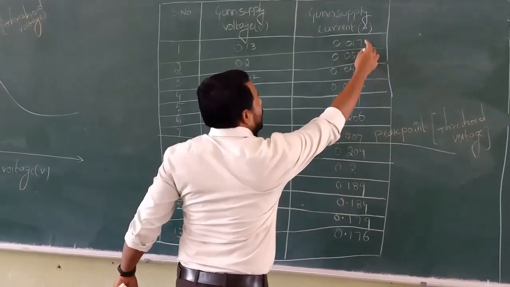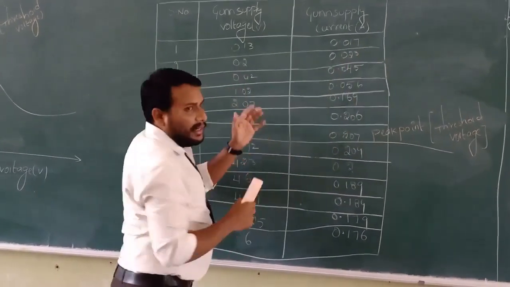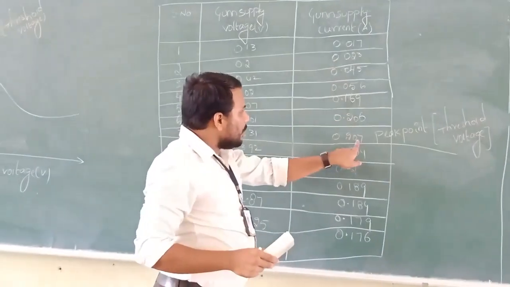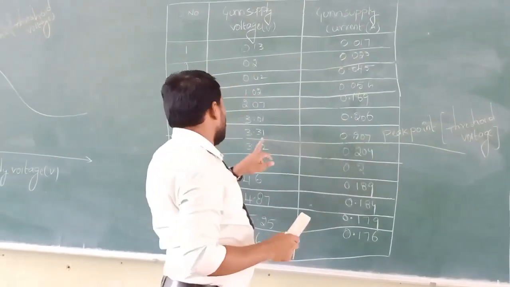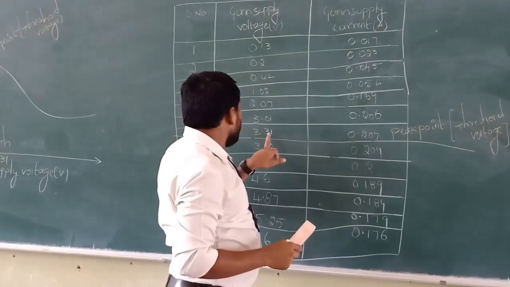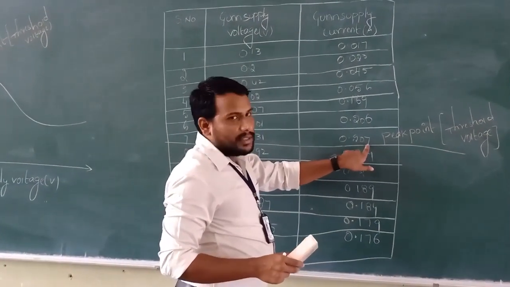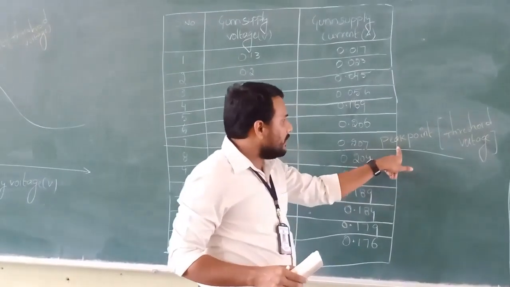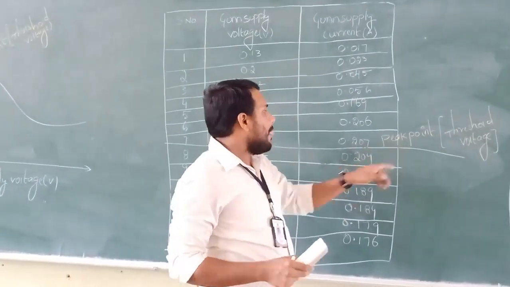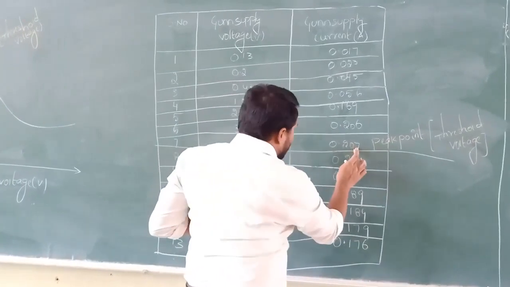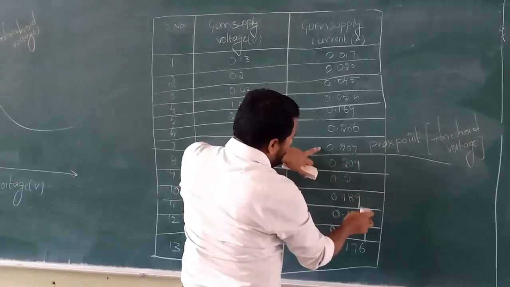So the current is initially 0 and starts increasing up to a particular point, where the voltage is 3.31 and the current is 0.207. This is the peak point. After it reaches the peak point, it starts decreasing again.